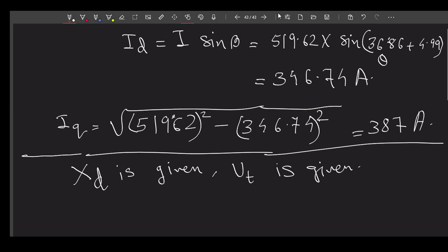Obviously, in case of a short circuit test, what is your Vt? Vt is equal to 0.